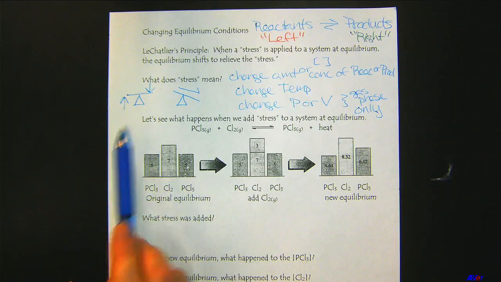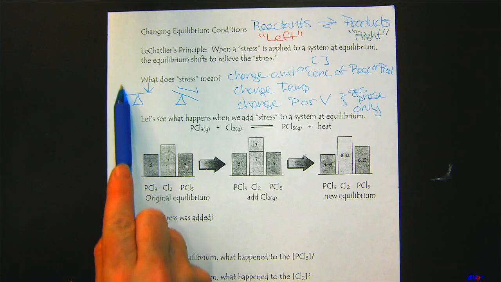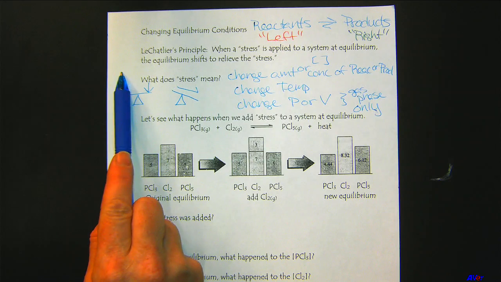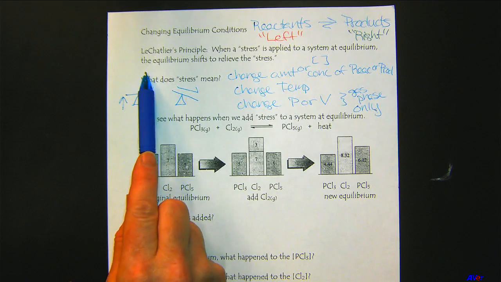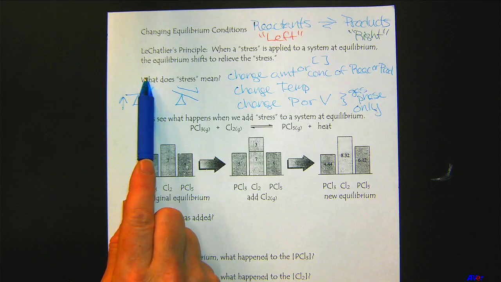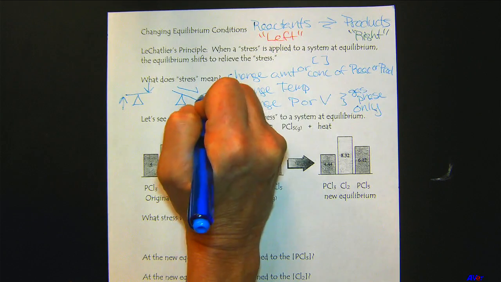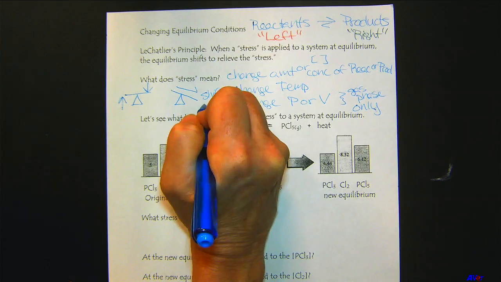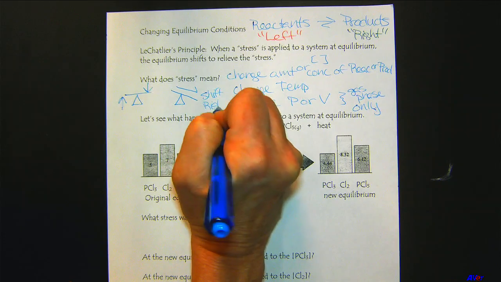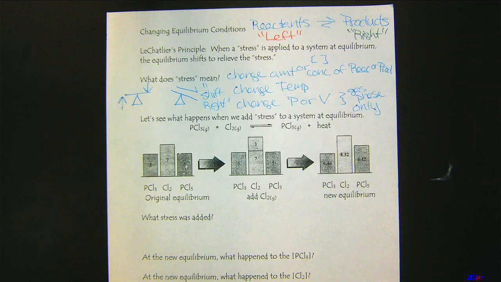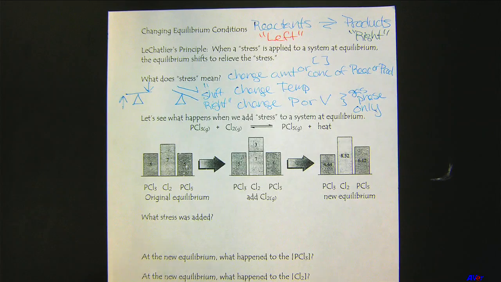So if we cause stress that increases something on the reactant side or decreases on the product side, we say we're shifting the equilibrium to the right. We can also shift to the left, but I just wanted to give you a little warm-up before we get started.